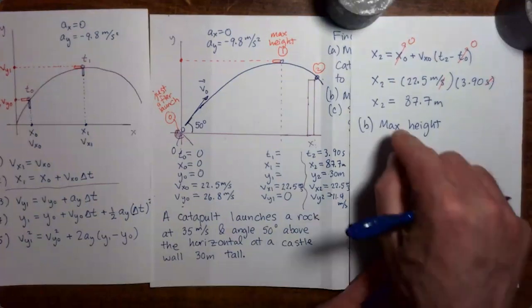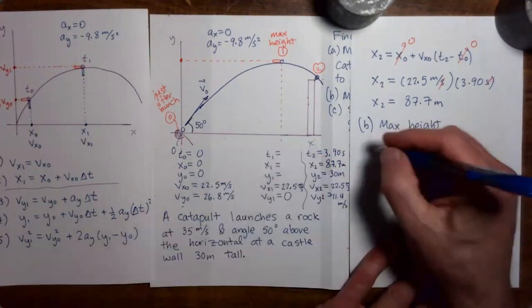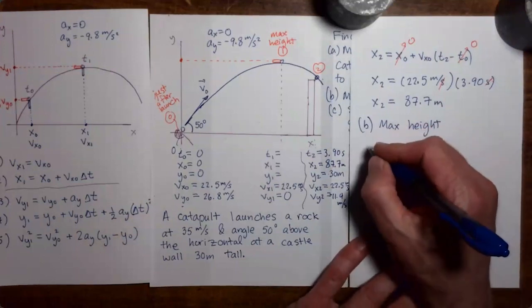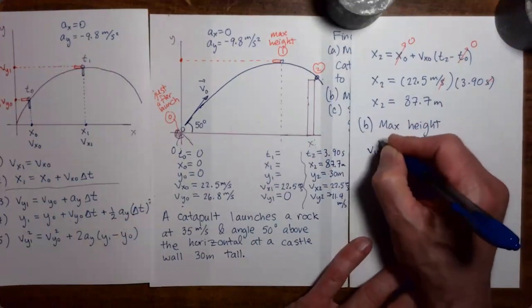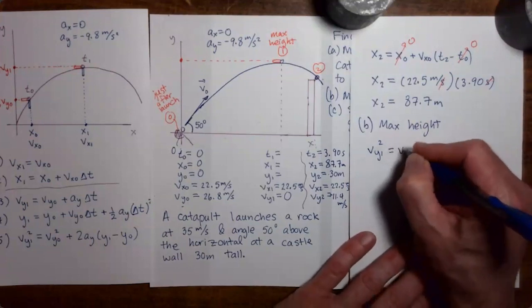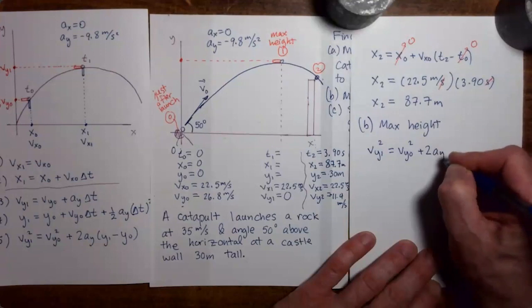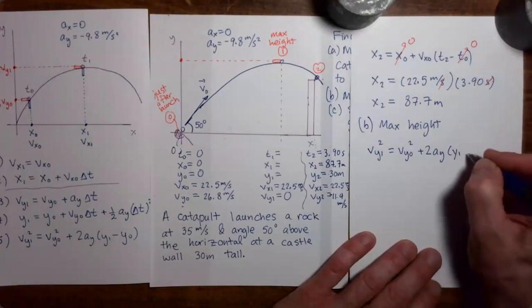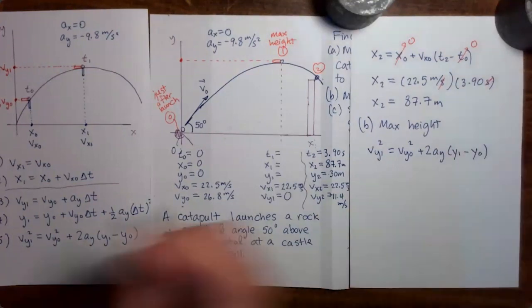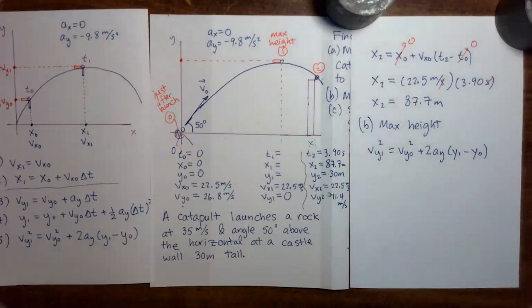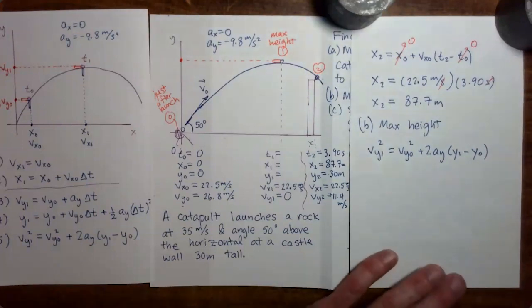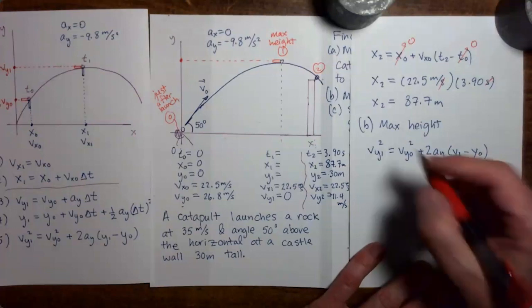Okay, so to solve part B, we would use equation 5 as written, connecting moment 0 to moment 1. Vy1 is 0.